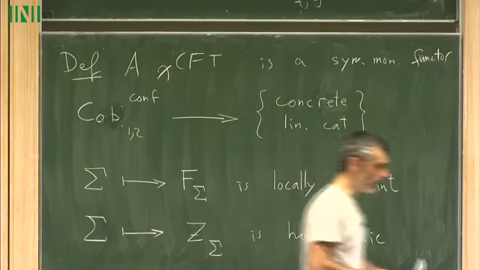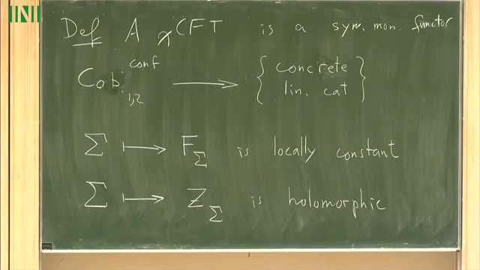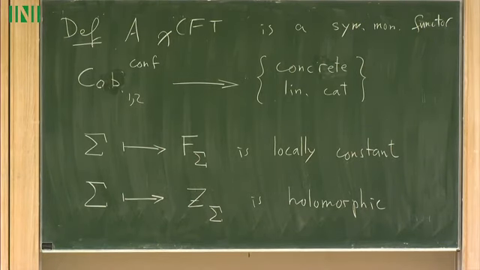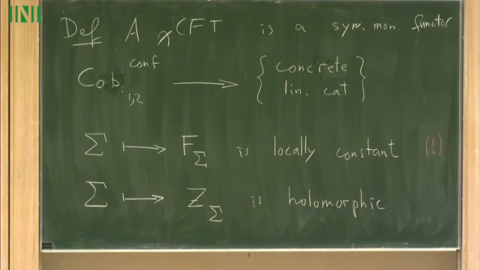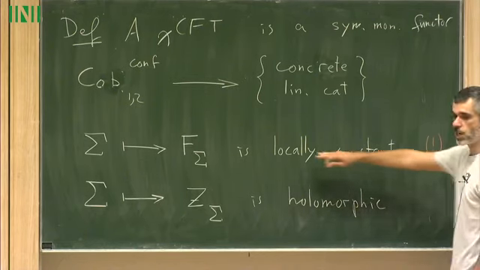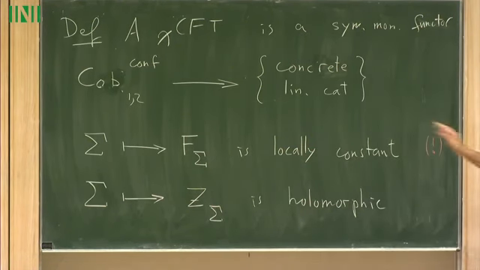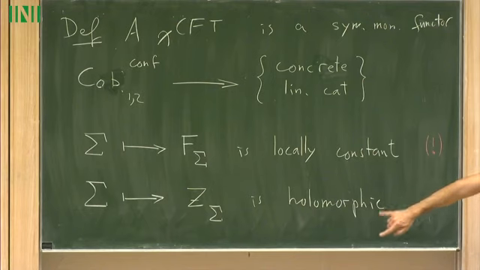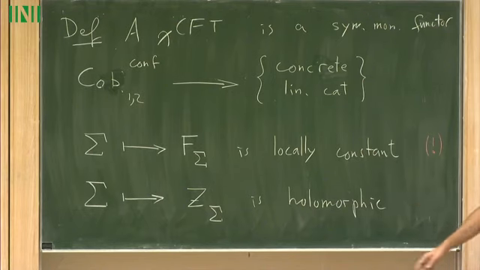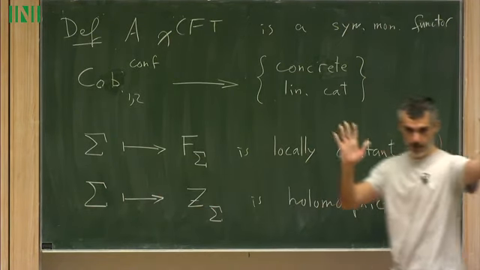So there's a small lie here, which I will indicate by a little red exclamation mark. These are not, strictly speaking, locally constant. They're locally constant up to an anomaly. So, if I projectivize everything, then yes, it's locally constant. Otherwise, it's not locally constant. And in order to make sense of that, you need to have a structure of complex manifold on the moduli space of all sigmas with fixed boundaries.